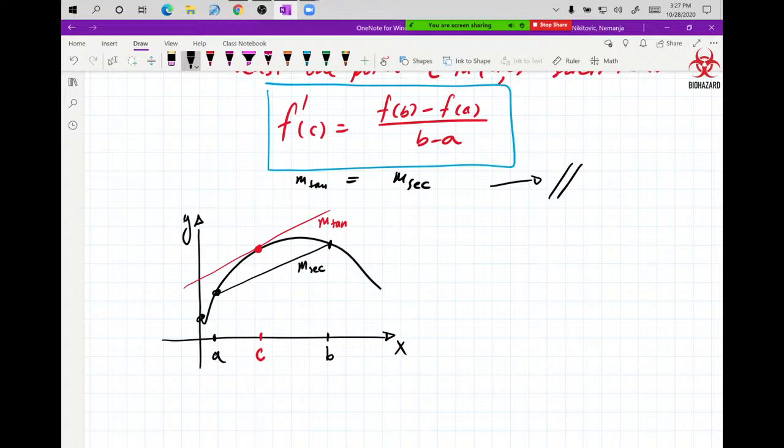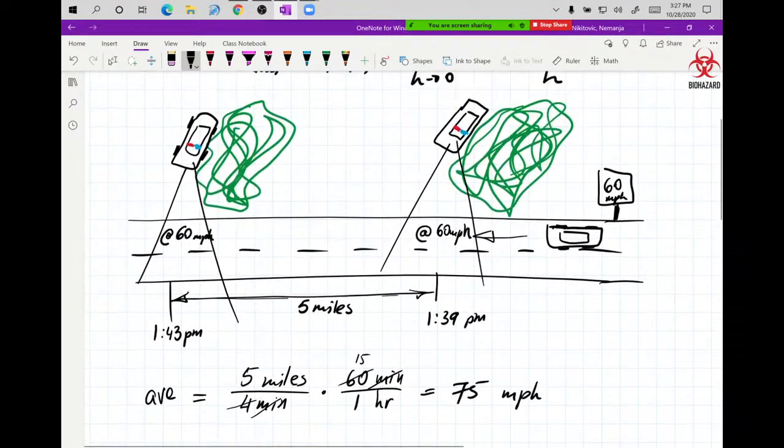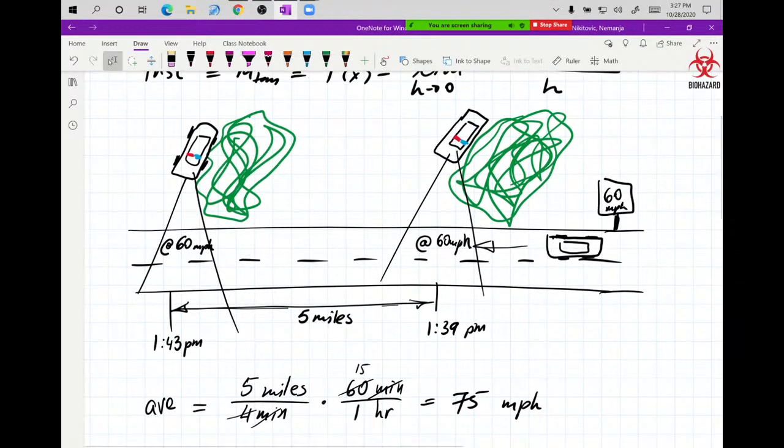Use the mean value theorem to find value c where the slopes are the same. Or you can have word problems like the one that we had with the police trap.